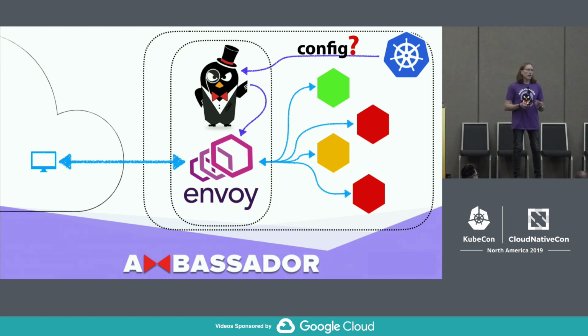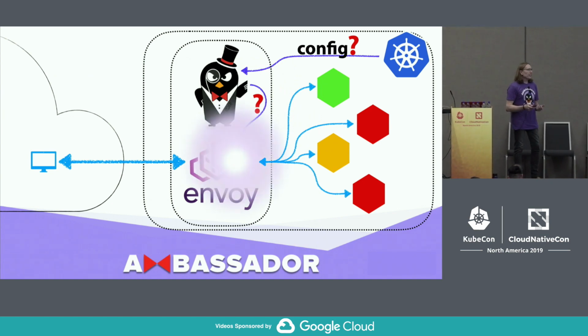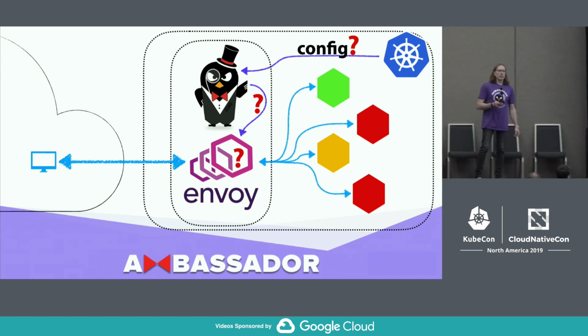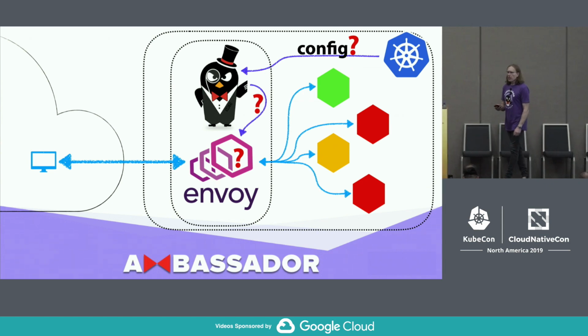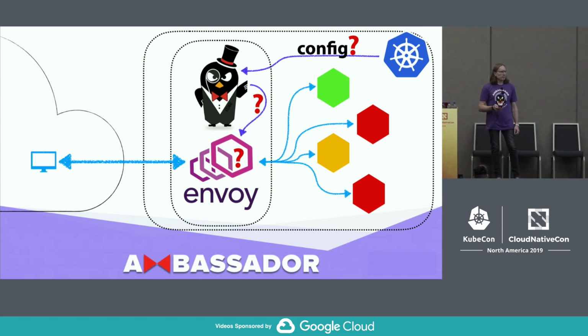One is that Ambassador is seeing the correct configuration. Another is that it's generating the correct Envoy configuration. The last is that Envoy is actually doing with that configuration what we think it's supposed to do with that configuration. The combination of those 3 things makes Ambassador relatively complex to test.